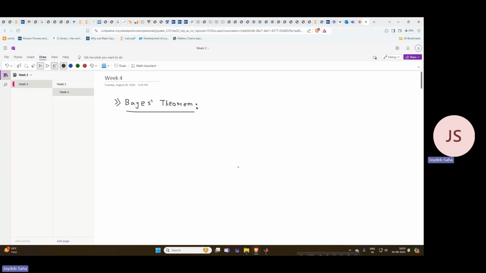If there is a sample space S, what is S?